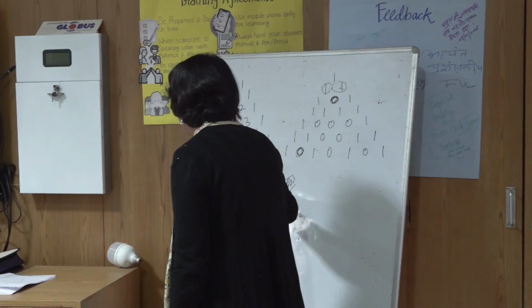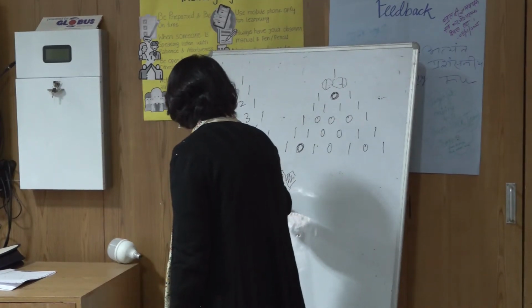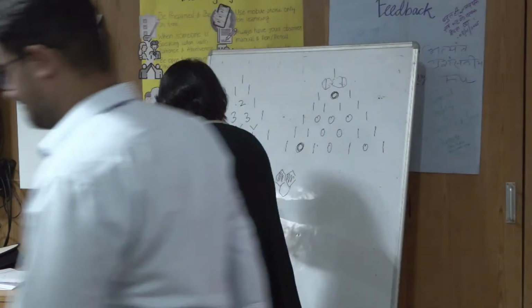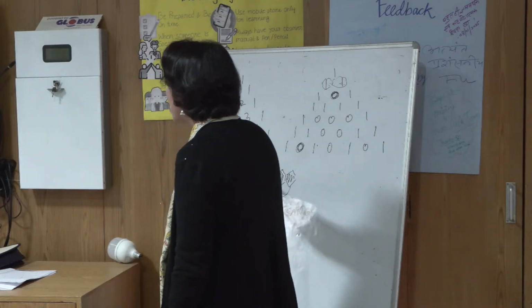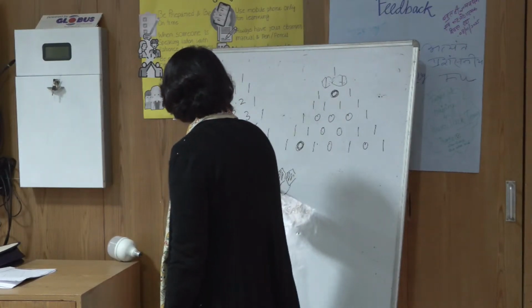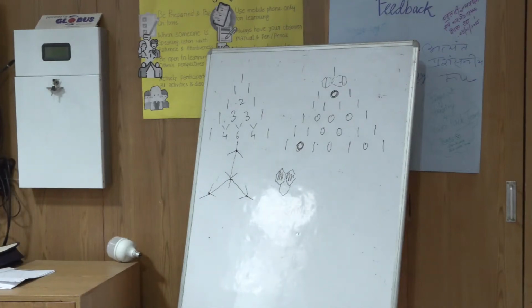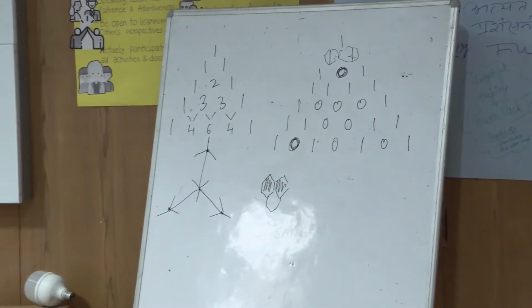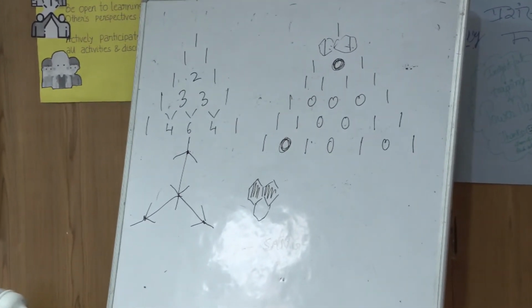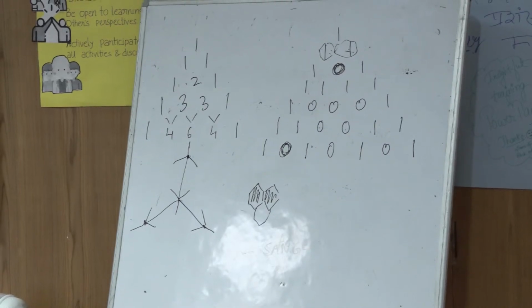So we repeat it here and repeat it here. And in the middle part, if you imagine that this grid is further divided into smaller triangles, you will get 16 small triangles.